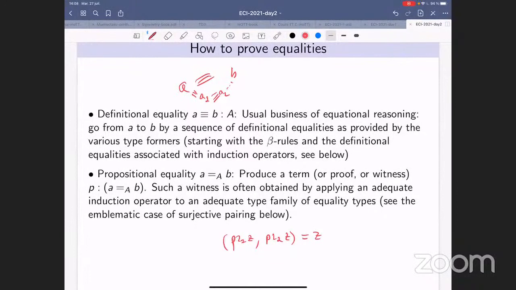You don't need to assume it like you would do in normal textbooks on lambda calculus with products. You get this as an additional rule together with the rules that pr1 of (x1, x2) is x1, and like this, pr2 of (x1, x2) is x2.